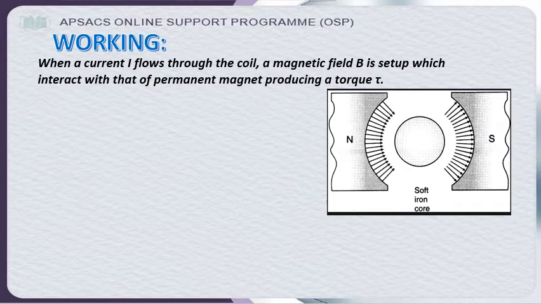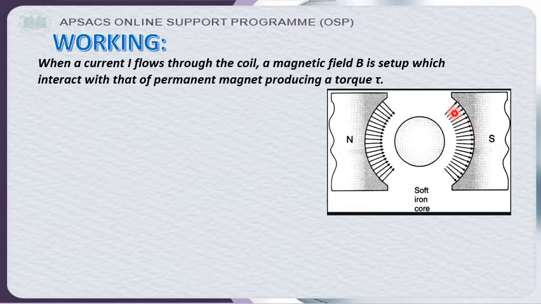Now for the working, as you can see, this is the concave shaped permanent magnet having north and south pole, and this is basically the top view of that galvanometer, in which this cylindrical or circular portion is the cylinder around which the coil is wound. Now you can see these arrows.